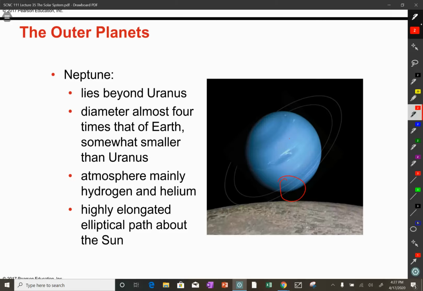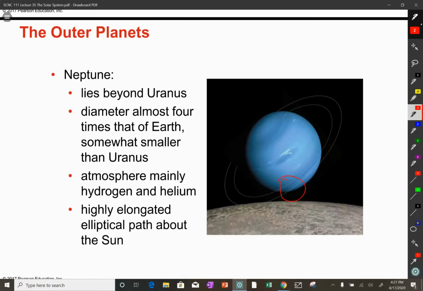Pluto is essentially an ice ball. It's got some ice and some rock, and has a density that's midway between those of the planets. And Pluto is not a very large object. It is, in fact, not the largest object that is not a planet. Eris is a bigger object that is just like Pluto. And so Pluto really doesn't have any standing to be considered a planet.